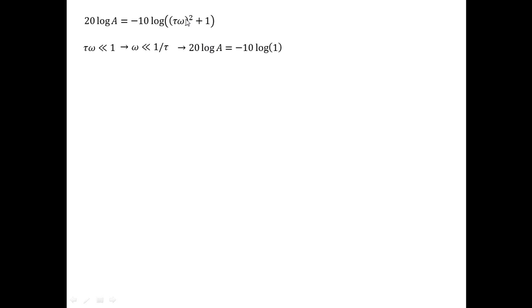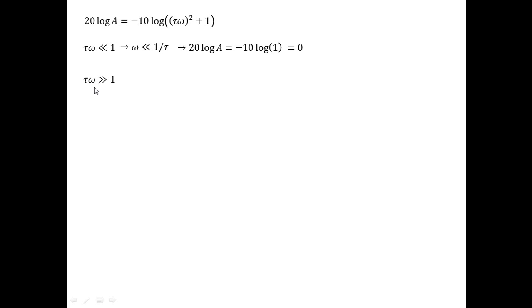So I can ignore this one. Compared to 1, I will have minus 10 log 1, and since log 1 is 0, 20 log A is equal to 0. This means that for omega much less than 1 over tau, the amplitude would be 0.